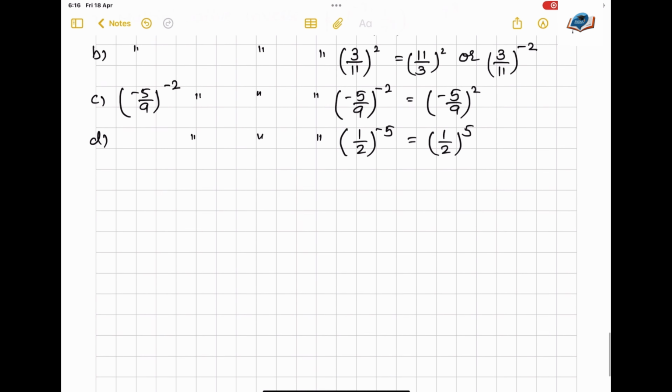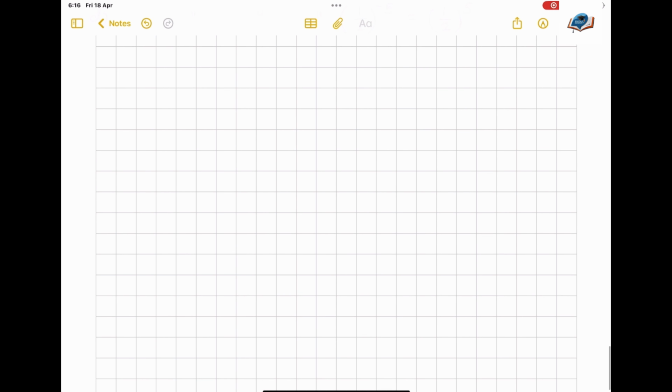Now question 3 says write the expanded form. First one is 6 raised to 32.542.